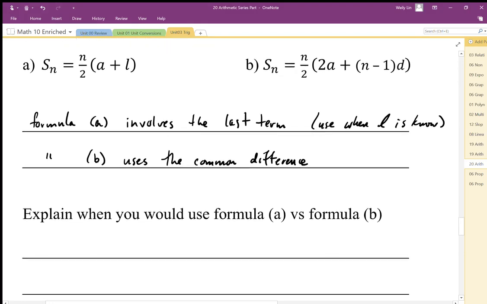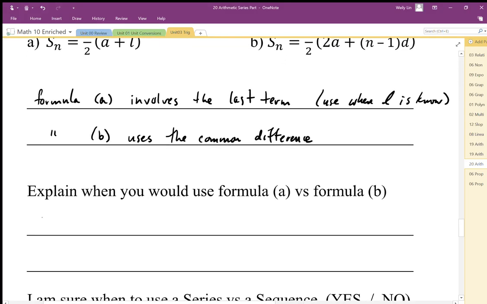So A, we just stated here, is when the last term is given. And B is when we have the common difference.